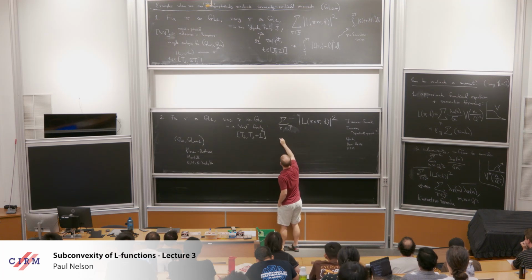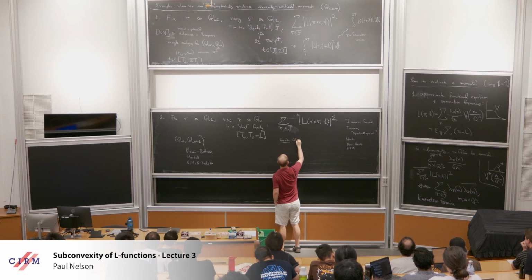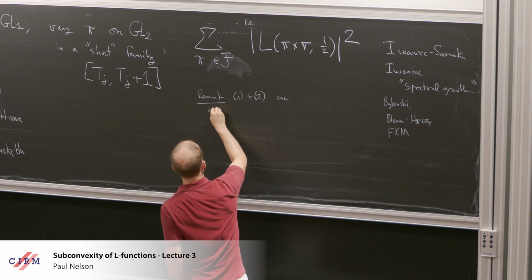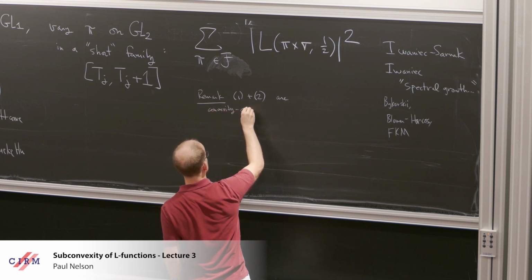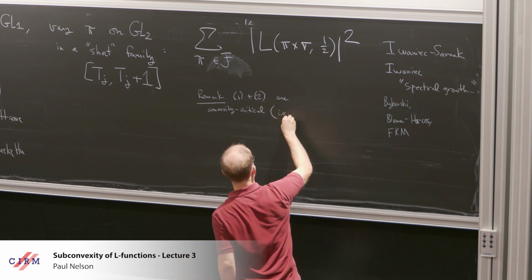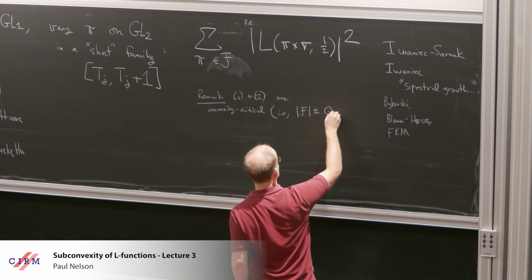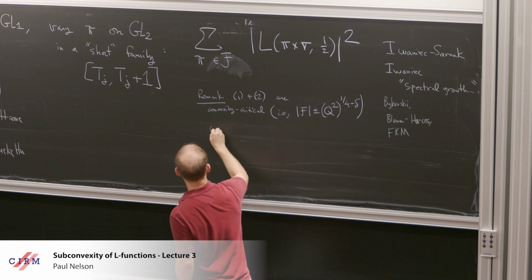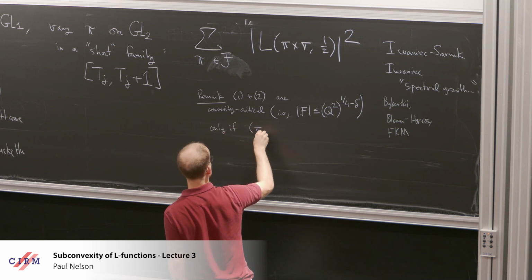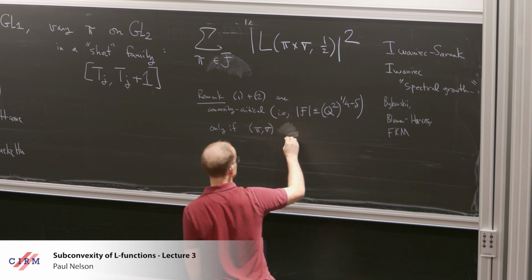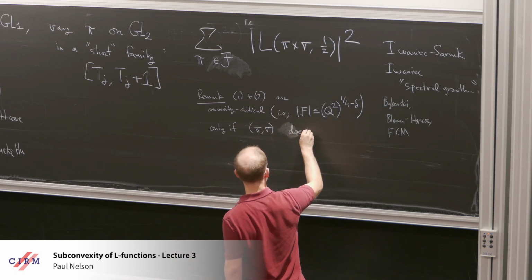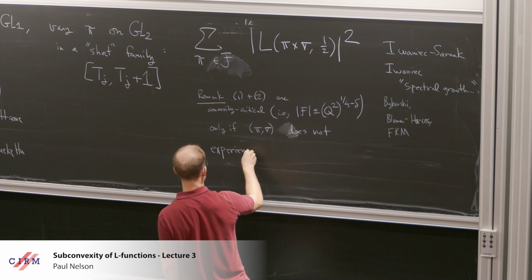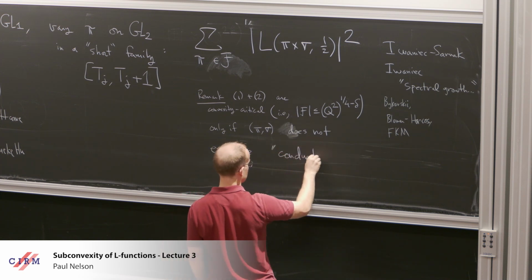But I'll just say, as a kind of remark here, so these two moments 1 and 2, the ones we have on the blackboards right now, are convexity critical, i.e., the family size is at most q to the 2 quarter minus delta, only if the pair pi sigma does not experience, maybe this is a bit of a loaded verb, what's called conductor dropping.